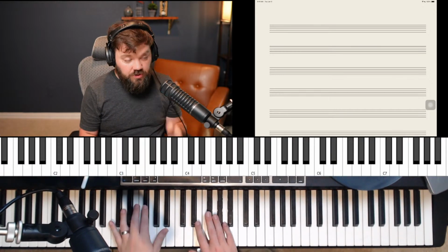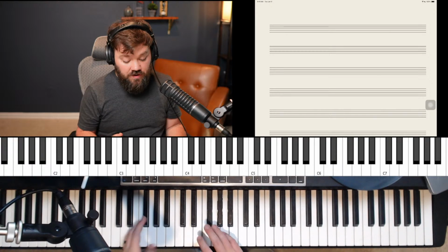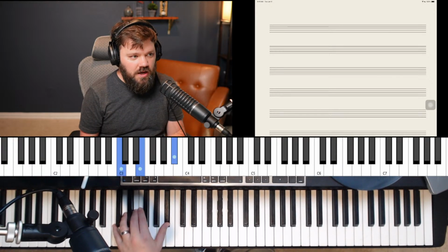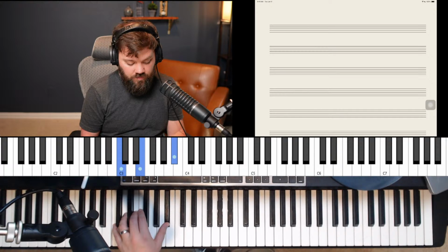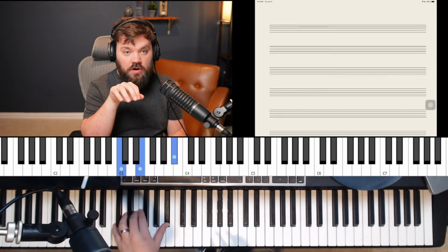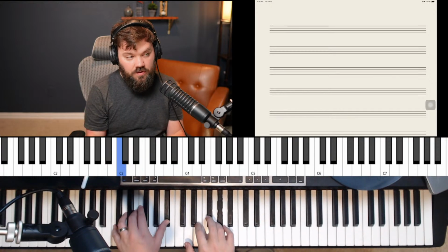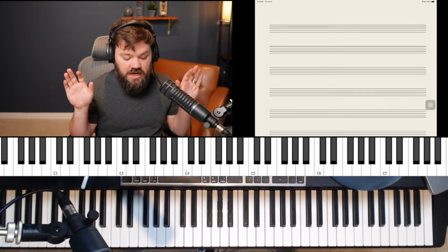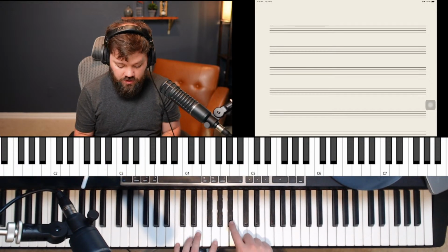So this one's probably the first one that I ever discovered, and that's that on a dominant chord, you can put a major chord a whole step up. And this will naturally happen as you just build the dominant chord up.